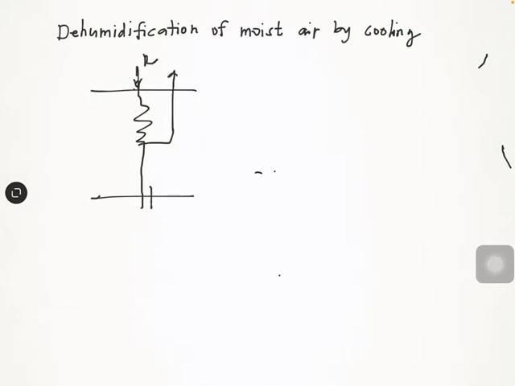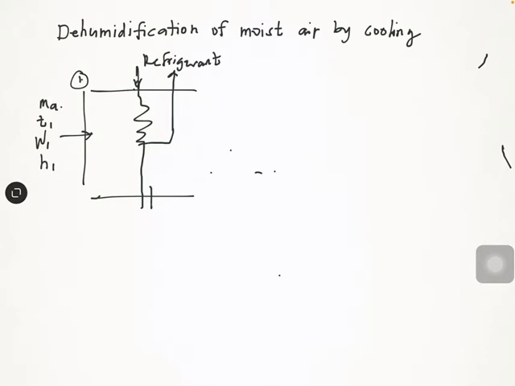This is the refrigerant, and this is state 1. So at state 1 we have air, we have the mass of air, the temperature, the humidity ratio, and the enthalpy.